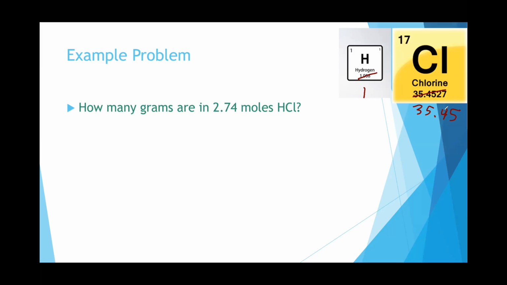So you can honestly add up these two and get the molar mass of HCl. So this problem, I didn't give you the molar mass, but you can easily calculate it from the periodic table. So if I don't give you a molar mass, or if the teacher doesn't, that means you have to calculate it yourselves.